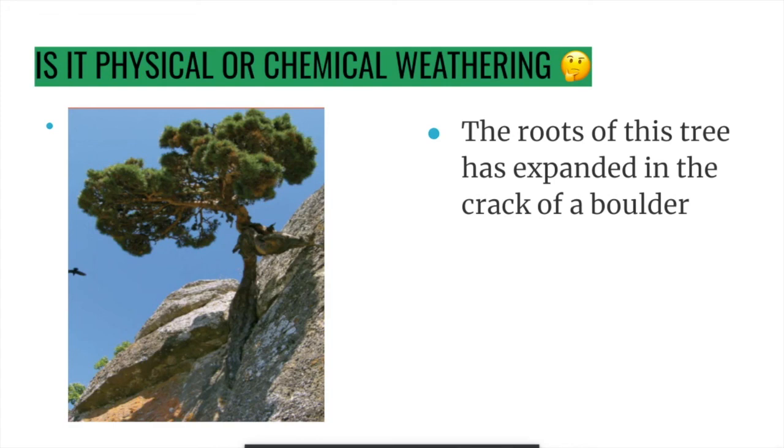Now, it says the roots of this tree have expanded in the crack of a boulder. Do you think this is physical or chemical weathering? Remember, physical weathering is when the rocks break down and become smaller, and chemical weathering is when minerals become weak and change the material.